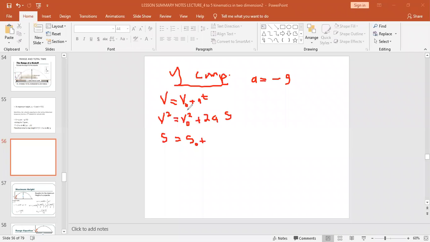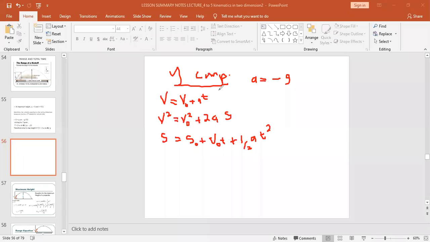If you are with me, give me the formula. So finish it out for me. Plus what? S equal to v naught t plus half a t squared. So you've left something. You are supposed to have v naught t plus half a t squared.